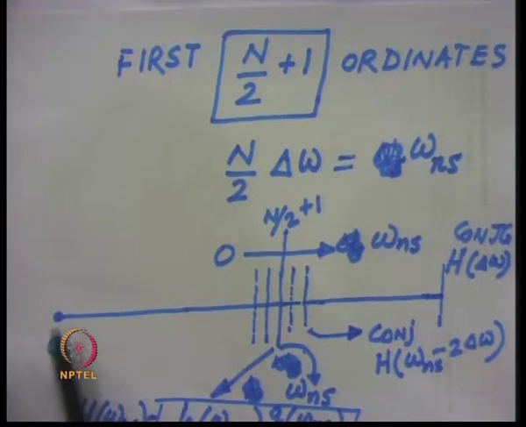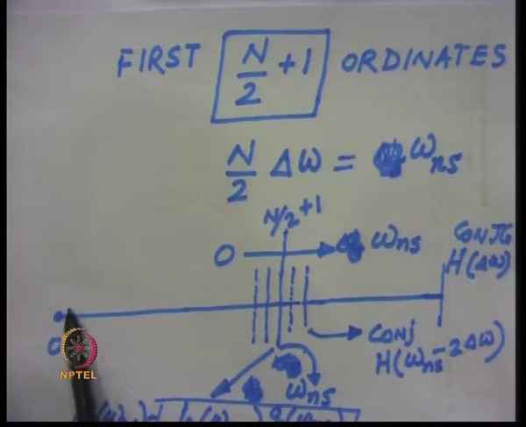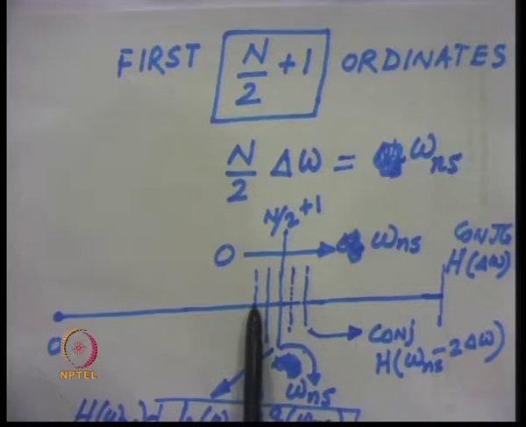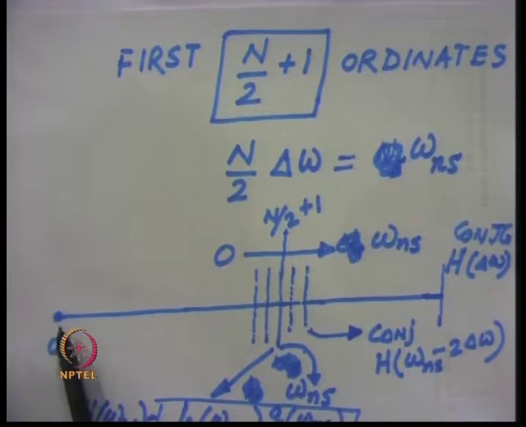The frequency content of the ground motion will be g omega, that is again the first 17 ordinates taken at an interval of delta omega, and we multiply this with h omega. The h omega can be obtained from the equation that I had shown before, that is k minus m omega square plus I c omega, and the inverse of that gives you the value of h omega.